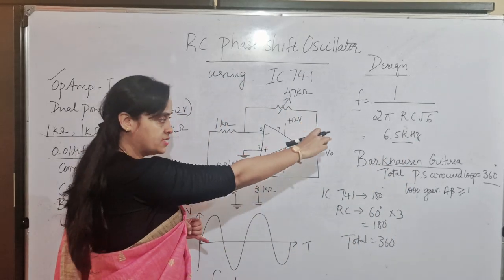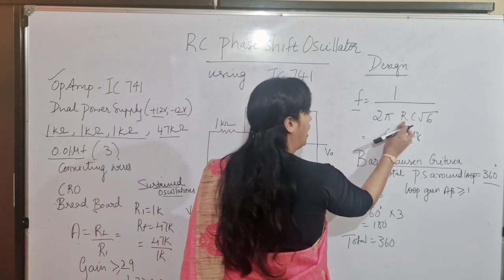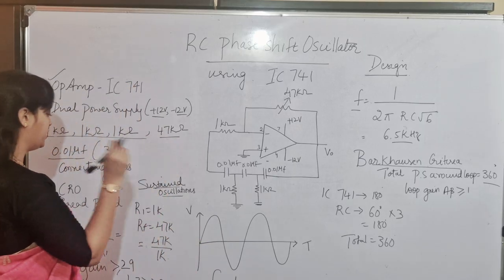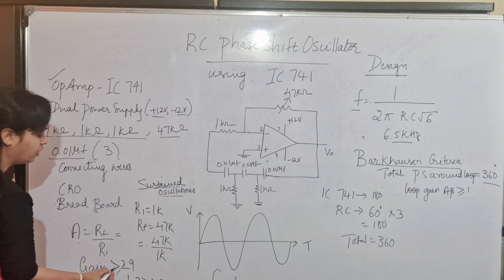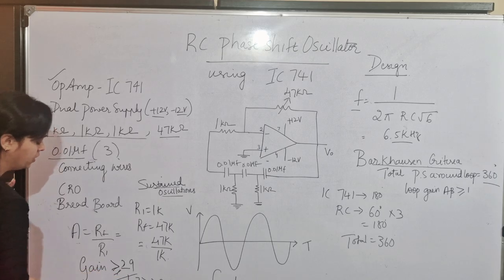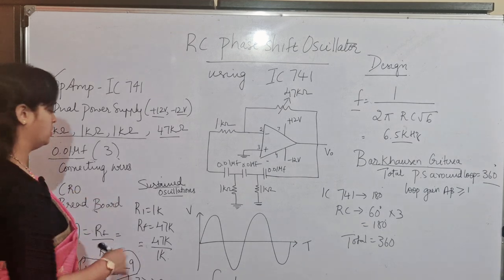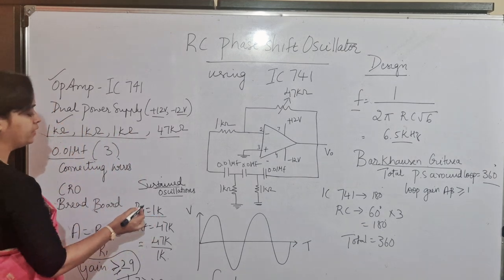Once we design the oscillator with certain values of R and C, let's analyze the main important condition, that is gain should be greater than or equal to 29. This is a very important condition for sustained oscillation. So in our design, what is the value of R1? 1K.